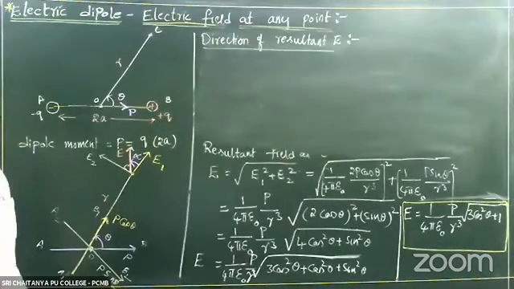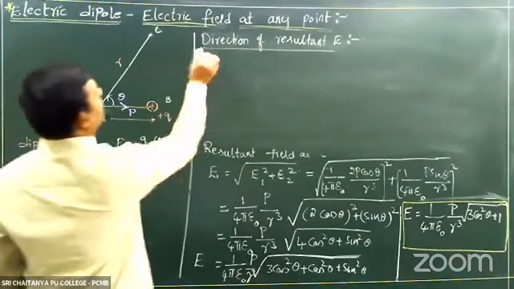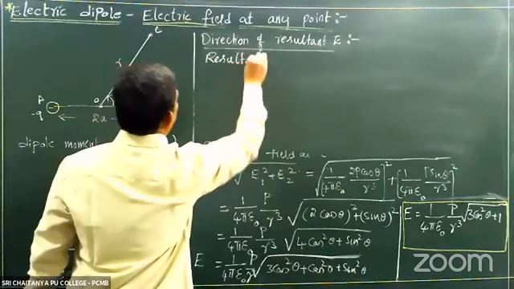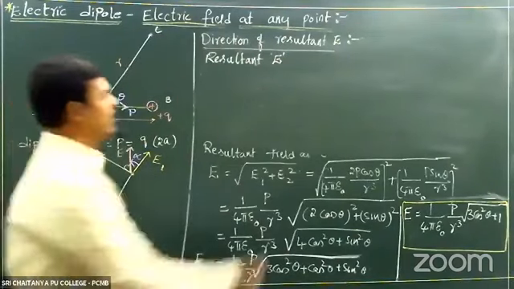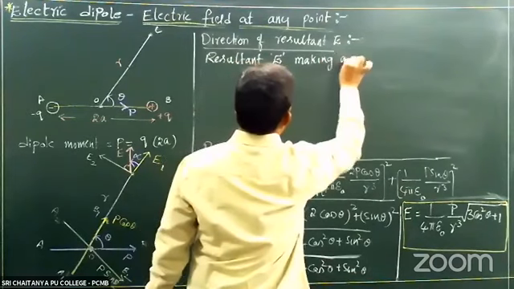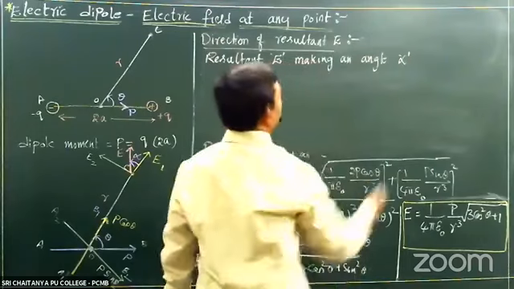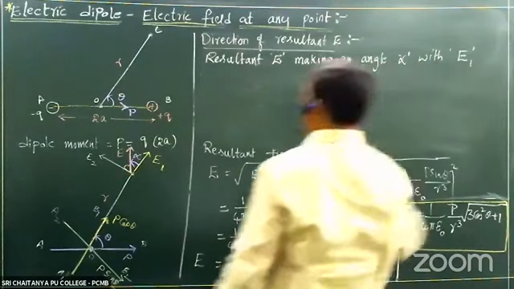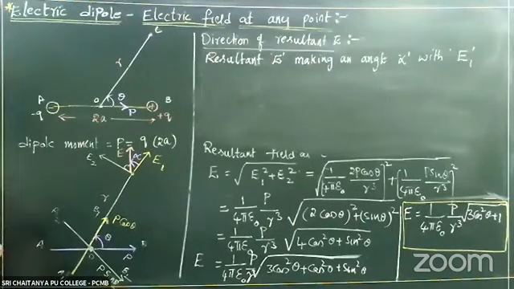Well, here resultant E, and angle alpha with what? With E1. It is making an angle alpha with E1, right?